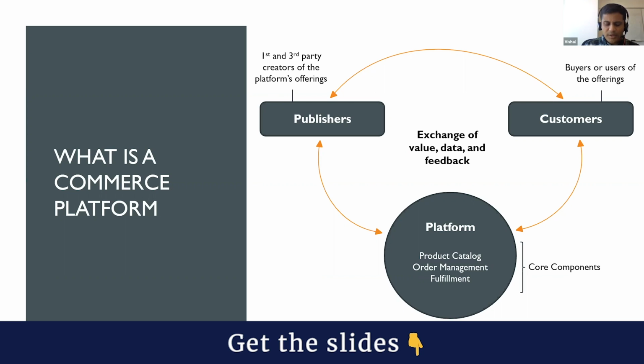The third component is fulfillment, which covers provisioning of digital licensing and/or delivery of physical goods. Some of the other components that are closely linked to a commerce platform are revenue management, reporting and analytics, and customer lifecycle management.